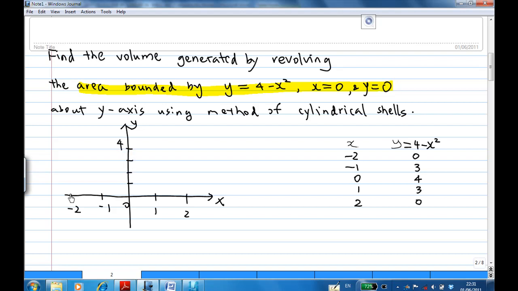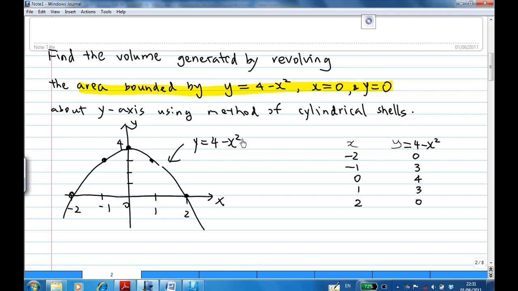So you have x equal to minus 2, y 0; x equal to minus 1, y 3; x equal to 0, y 4, and you get all these points. So you get a curve y equal to 4 minus x squared. And this is a parabola.